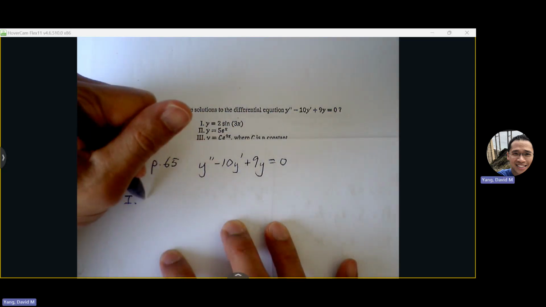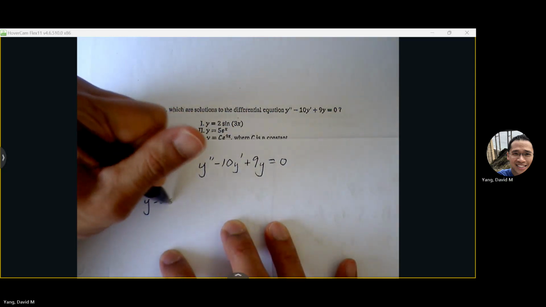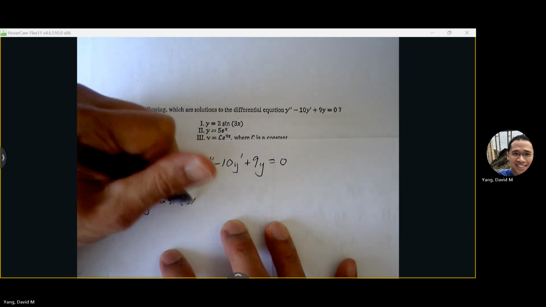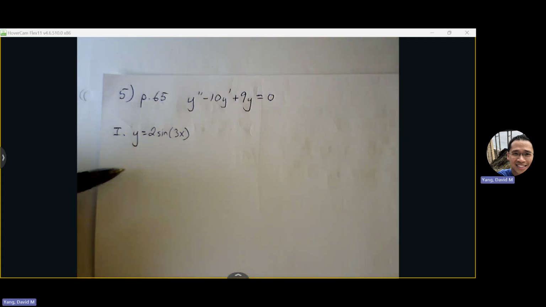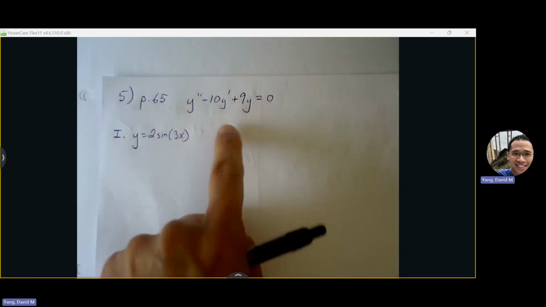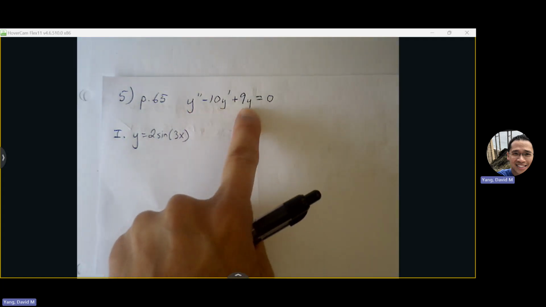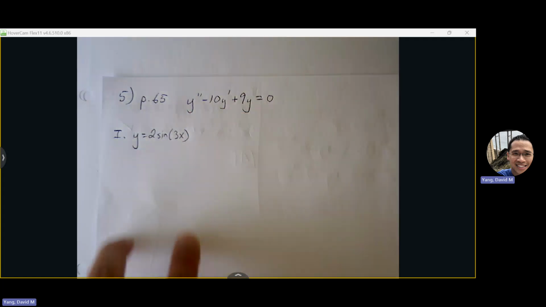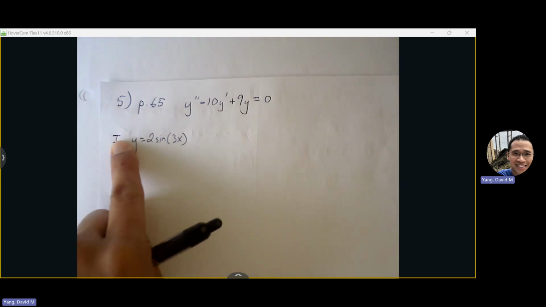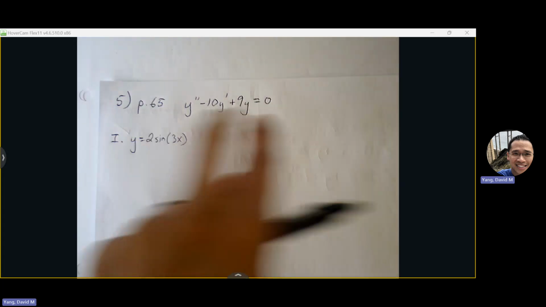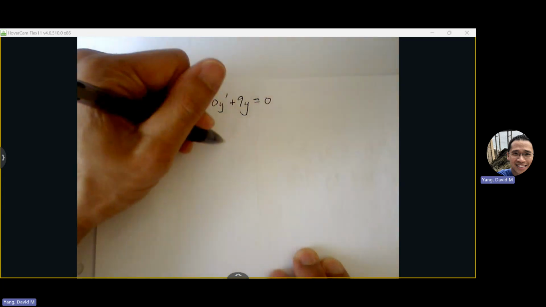Okay, first option. So I'm going to find y prime, y double prime, insert them into my differential equation and see if it will be a true statement. If it is, I'm going to keep that as a solution. Then I'll try the second. I'll try the third one as well.